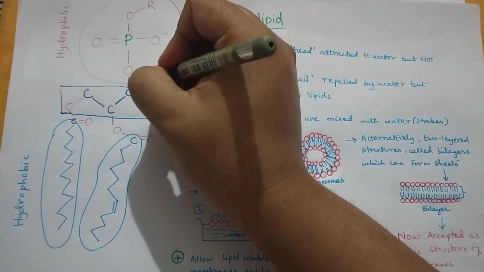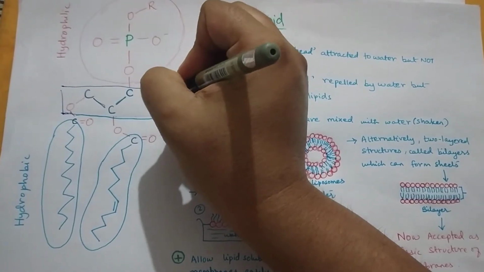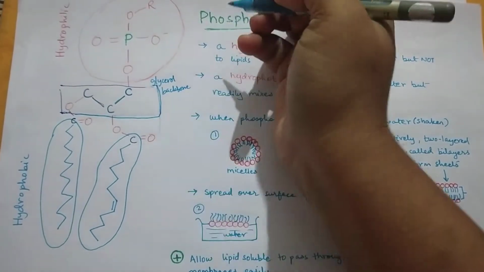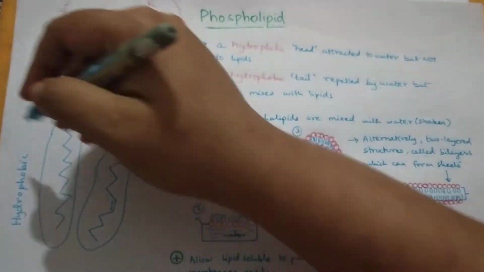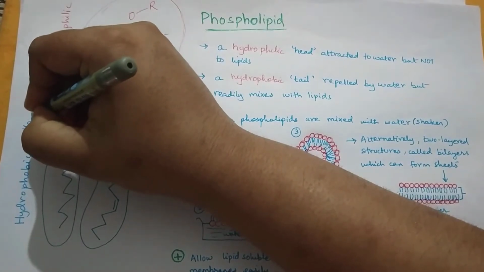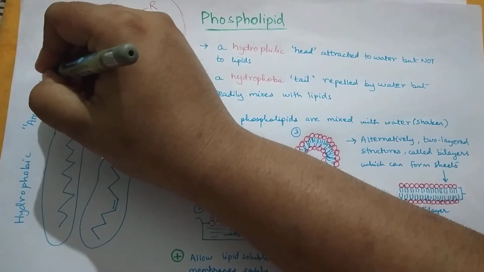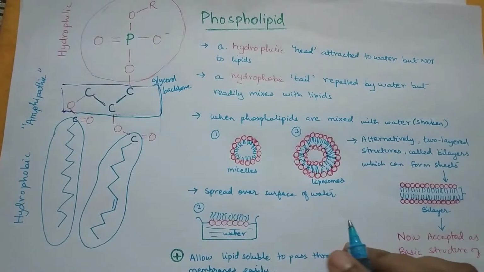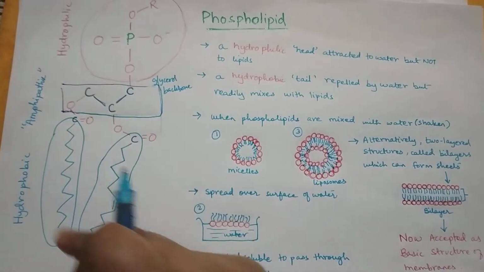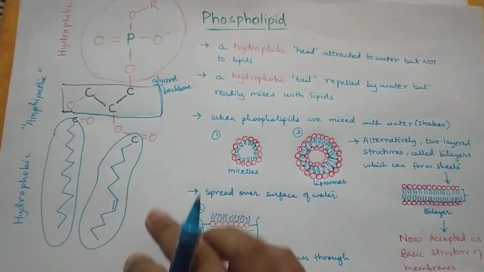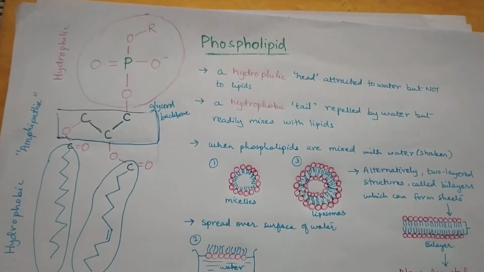So this is the glycerol backbone, and because the same molecule has both water hating and water loving parts, we call it altogether an amphipathic type of molecule, the phospholipid. Now, how the structure of this phospholipid is helping to play such a key role in forming the cell membrane, we are going to study that.